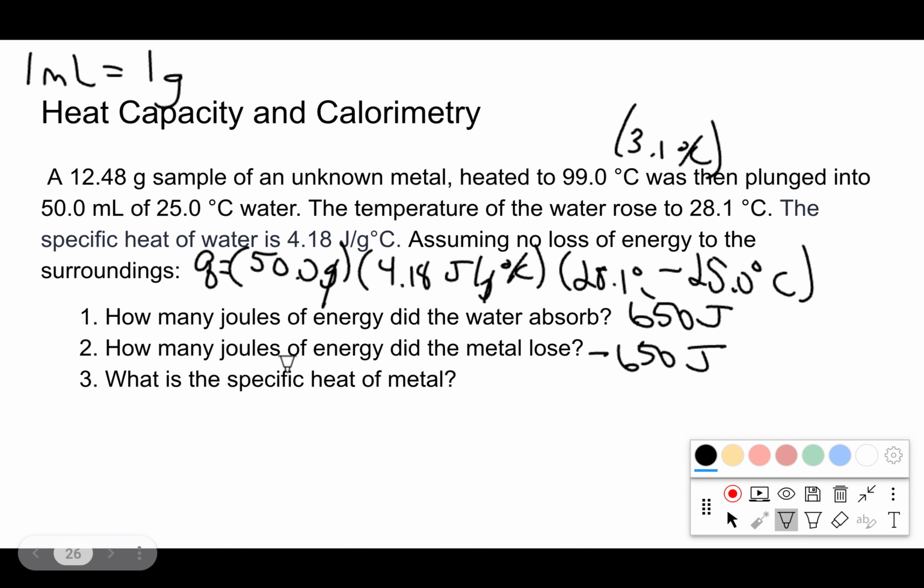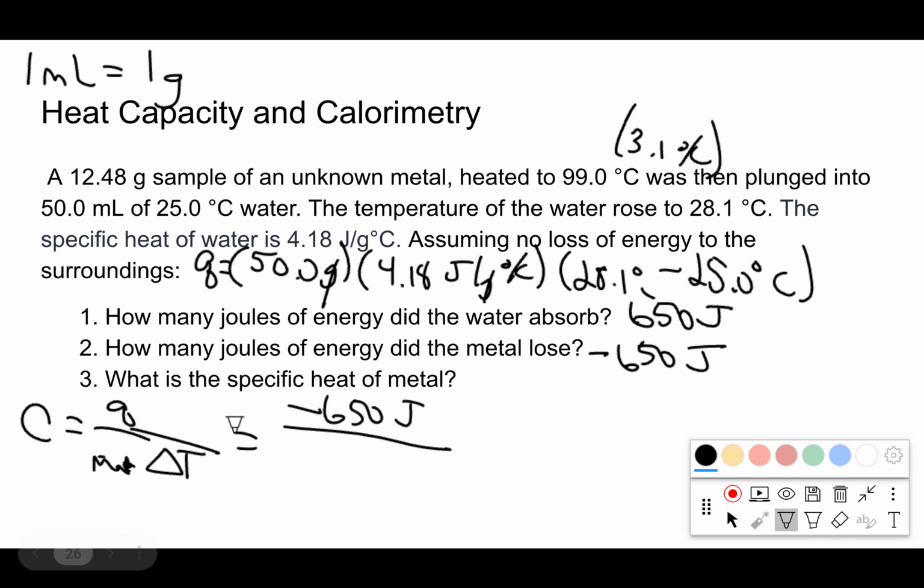Then it asked me for the specific heat of the metal. So now I'm using that specific heat equation, which is Cp, or C, equal to Q over mass times change in temperature. My energy is going to be this negative 650 joules.